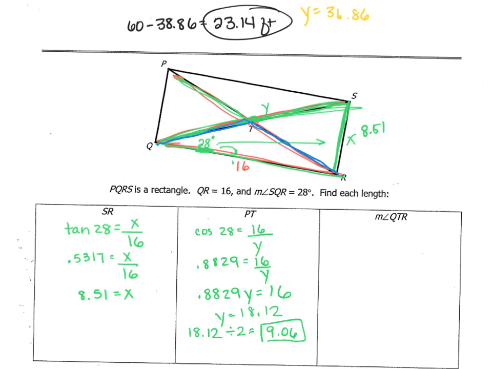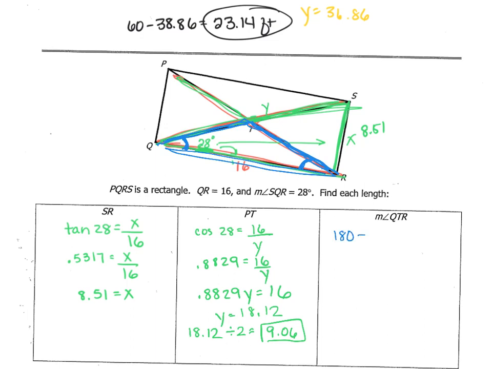QTR. So that's that angle up here. Well, if I look at the relationships of the angles in this rectangle, this angle is the same thing as this. And I know that because those rectangles are symmetrical. So all I need to do then is figure out what that angle is. Well, I know that angles in a triangle add up to 180.